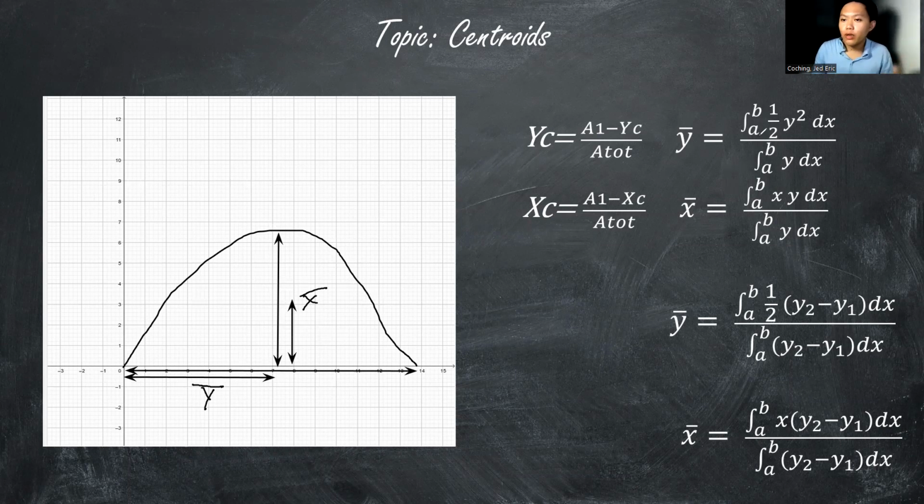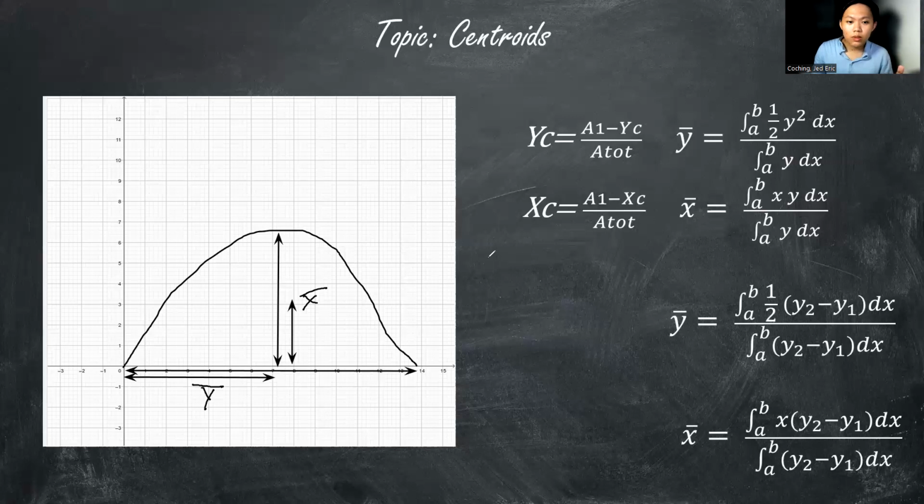And this is the formula we use for the centroid of under curves. This is for the centroid of y. This is for the centroid of x. And as you can see, there's a slight difference: in the centroid of y we have 1/2 y raised to 2, but in the centroid of x we only have x and y.